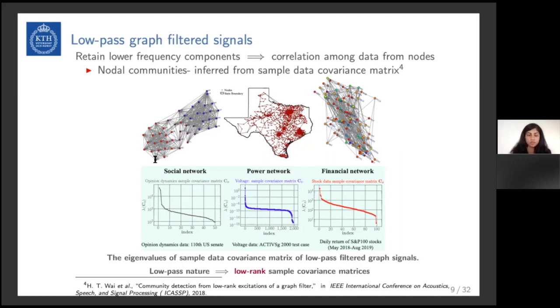And it so happens that when there are low pass graph filtered signals, their sample data covariance matrix is very low rank, and that's because of all this correlation among the data in different nodes. This implication can then be used to detect or infer communities in the graph, and we will revisit this a little bit later.